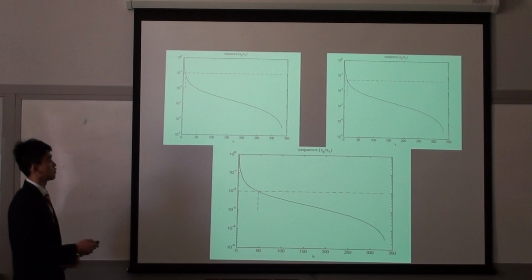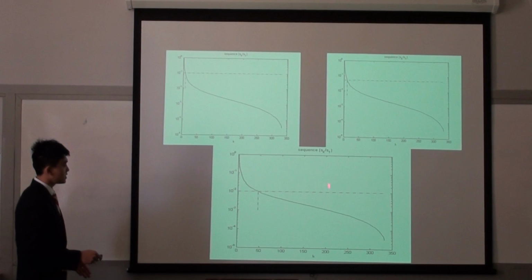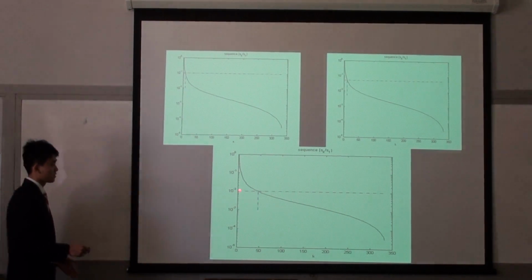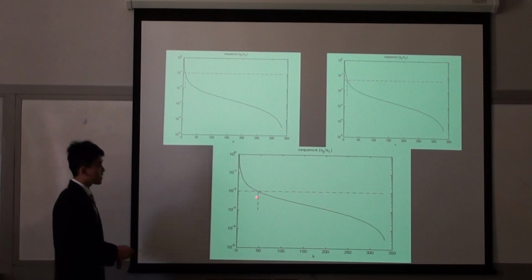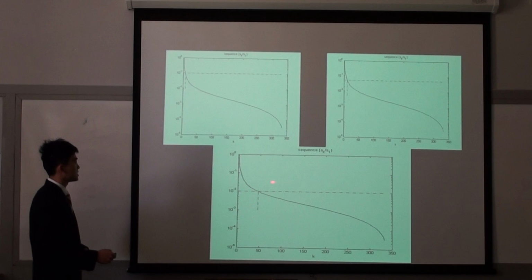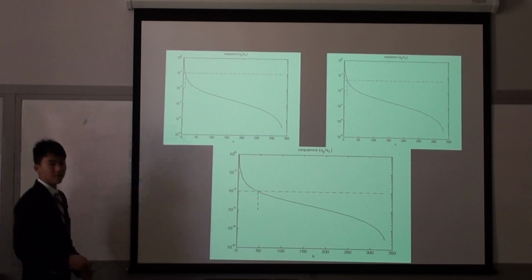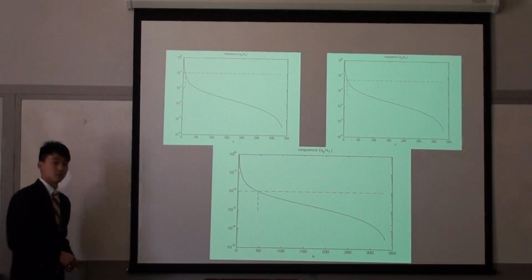I just want to show you where we cut the points. As you can see in this picture, somebody might ask, right here is not even flat. If you want to cut it, it should be cut right here or right here, right? But you also have to look at the values. 10 to the minus 2 is really small.